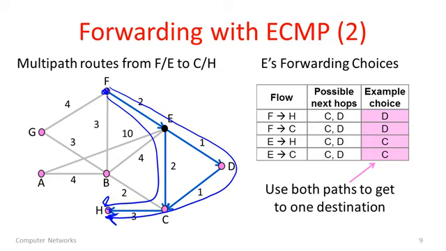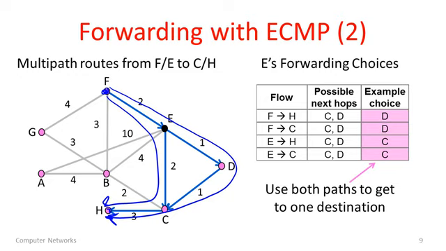Now, for all of these different flows, as they go through E, they could be sent either to C or D. Instead of choosing at random, we'll simply make this set of choices. For the packets that come from F, we'll send them to D, and for the packets that come from E, when they're going to H or C, we'll send them to C as a next hop.